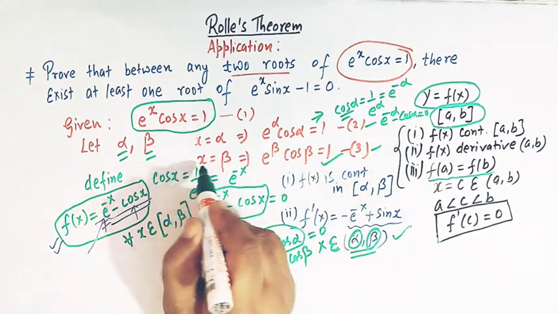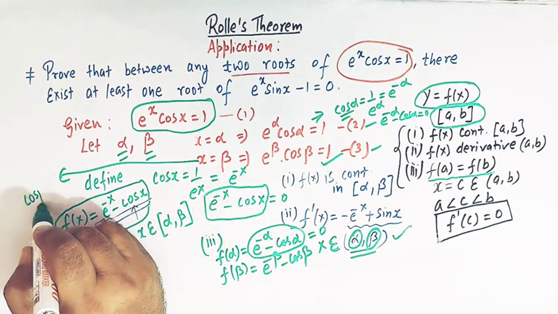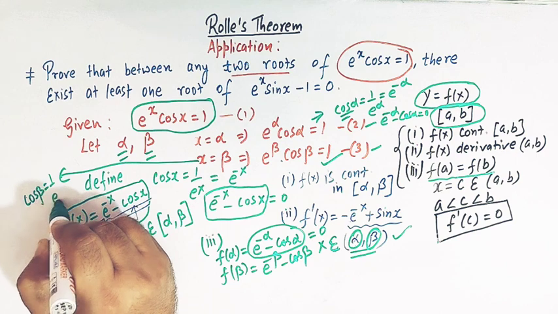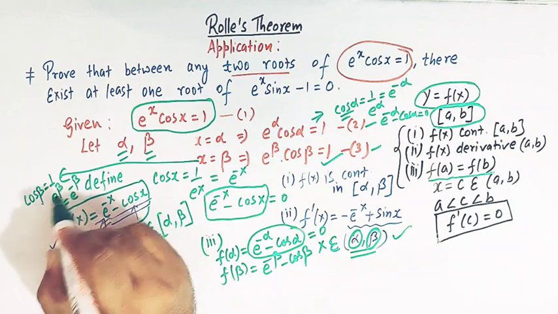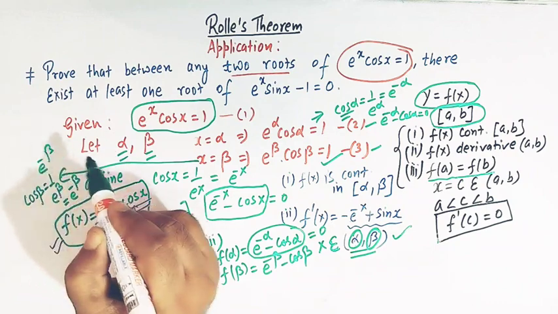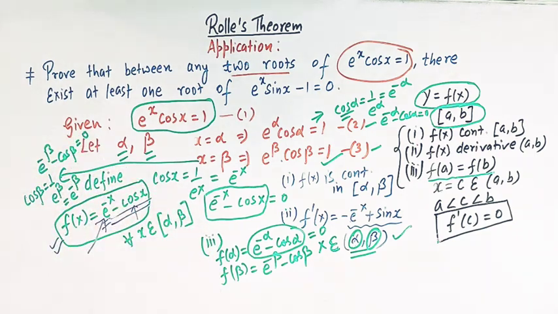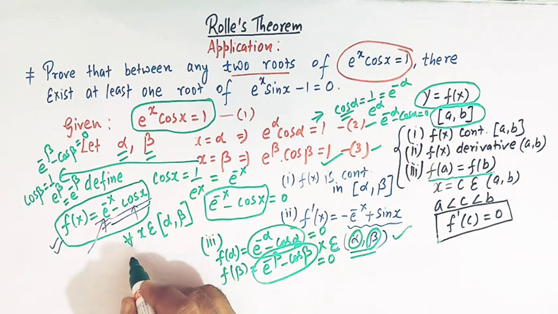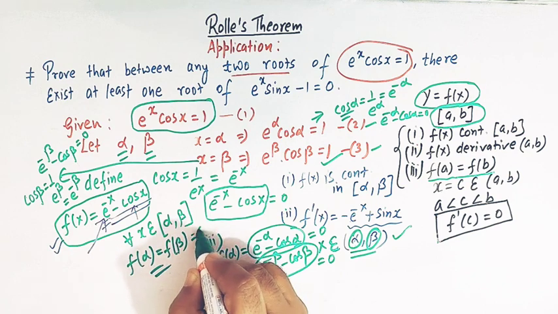So we can write cos of beta is equal to 1 over e raised to beta, which is equal to e raised to minus beta. So taking cos beta to this side, we have e raised to minus beta minus cos of beta is equal to 0. So this quantity is also equal to 0. So we can now see that f of alpha is equal to f of beta, and both the quantities are equal to 0.